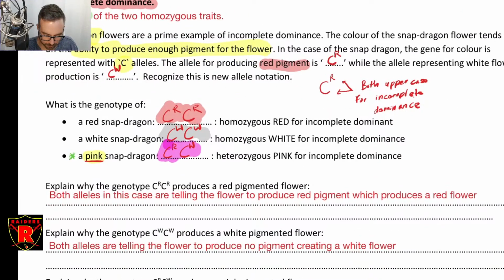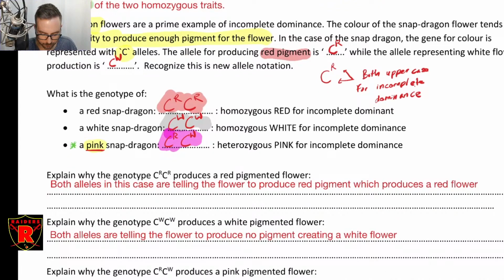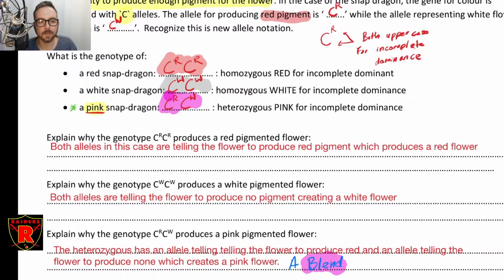In the case of CW CW, both of the alleles say to make the pigment white, and so the flower is white. If the organism has CR CW, each cell is going to produce some white pigment from the one gene, and it's going to produce some red pigment from the other gene. And when you mix those two pigments together, you get pink, a brand new color in the end. That's the CR CW. You've mixed the two together and made a blend.